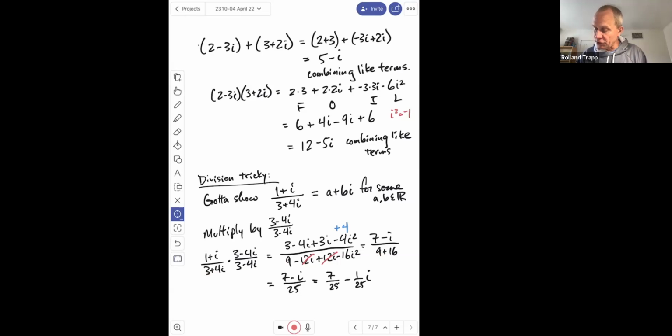And it's really just going to be like a squared plus b squared. Anyway, and that real number then allows you to split up your division and figure out what it is in the form a plus bi. Okay. Any questions about that?